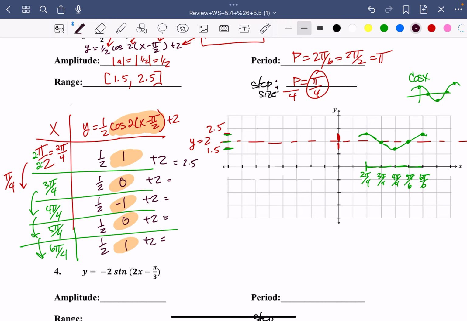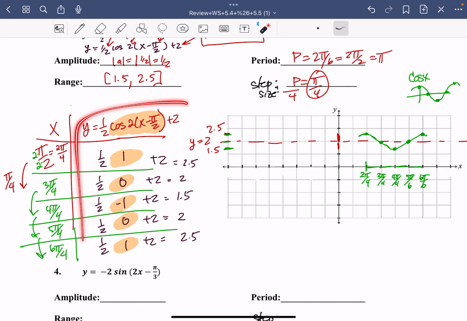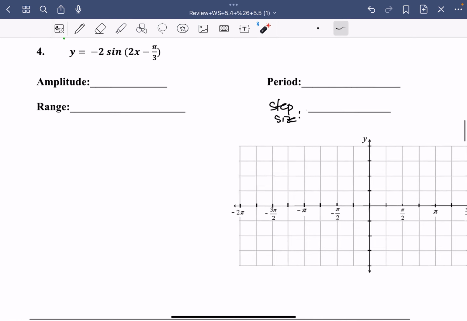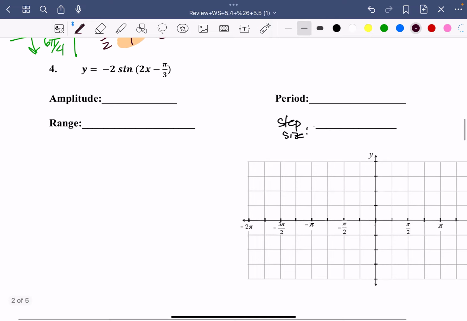This is going to be 2.5, 2, 1.5, 2, and 2.5, just like we saw earlier. Isn't that cool? So one way to finish it off is by thinking about what cosine looks like, and another way is to finish with the chart. Right? Let's do number 4. So try it on your own, hit pause, and then we'll do it together.